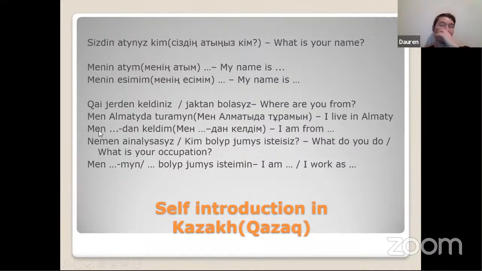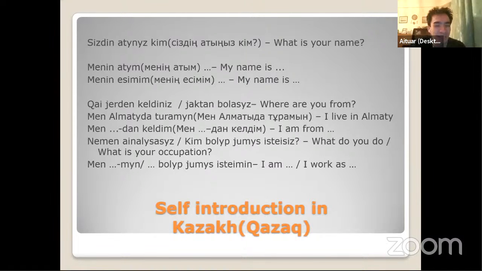And okay, here is the thing. I didn't want to dive into the grammar, so I didn't write everything about grammar. But when we use soft vowels, гласные, how do you say it, guys? Vowel, yeah.